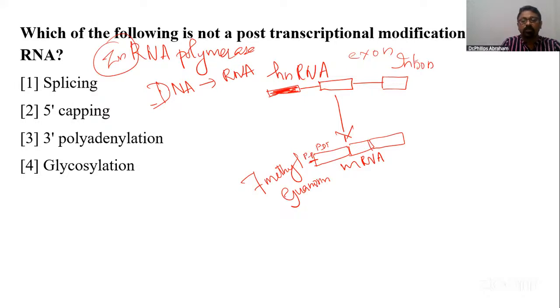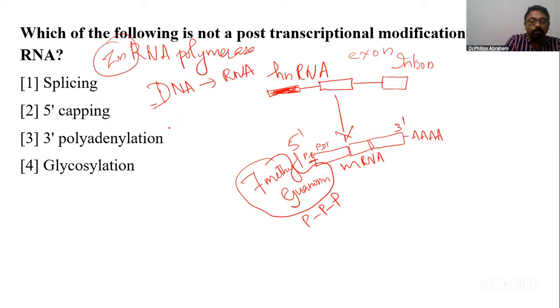So 7-methyl guanosine is attached at the 5' end using a triphosphate bond. In the tail, at the 3' end, you have a number of A's attached. Then the removal of introns and joining of exons, we call splicing.